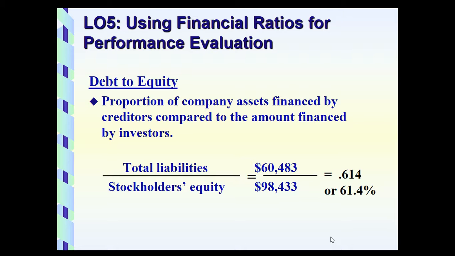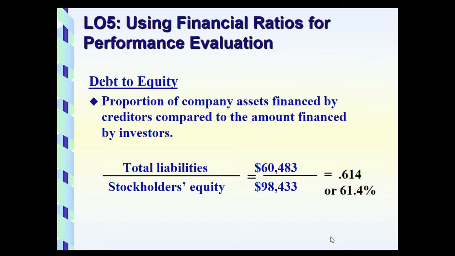Creditors and interest on debt must be paid on time by the company, regardless of how the company is performing. So that presents a risk for the company in that if they're not profitable and they're having difficulty paying their creditors, it is a problem for the company.